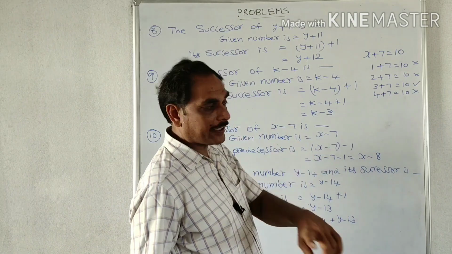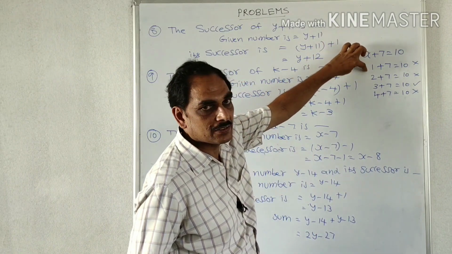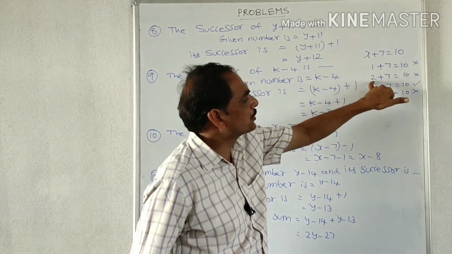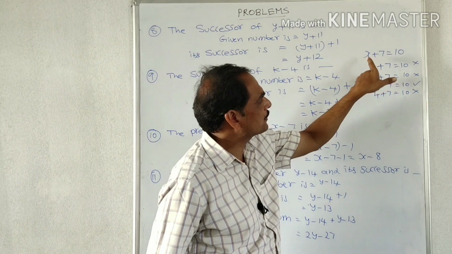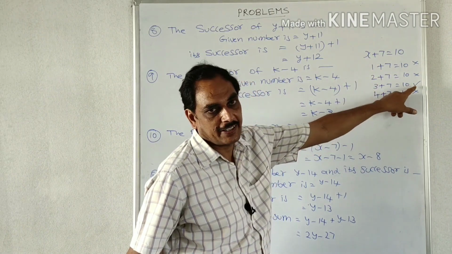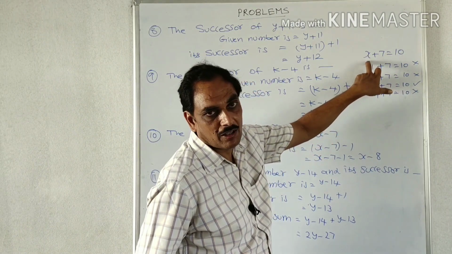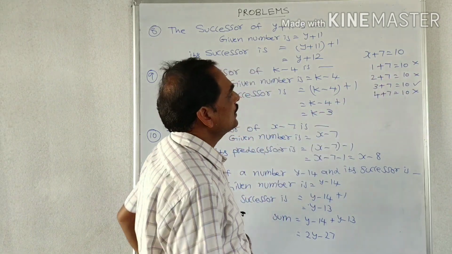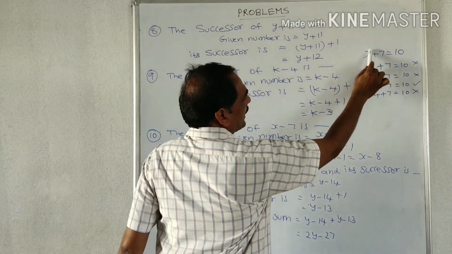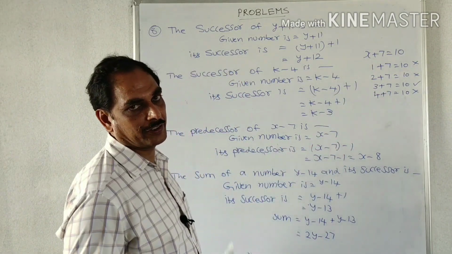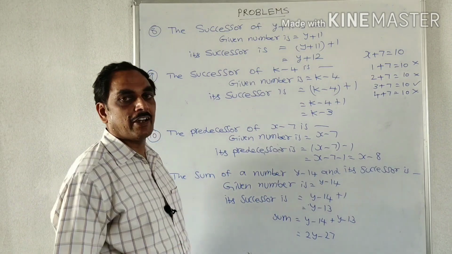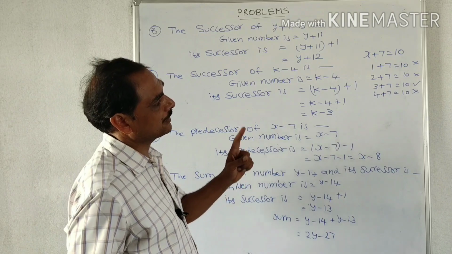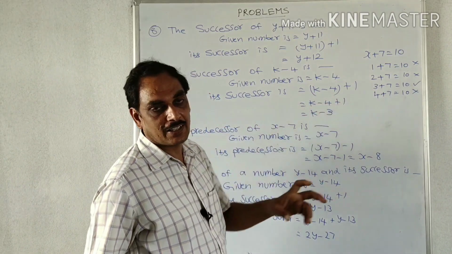When we substitute 1 in the place of x, we get a wrong statement. If we substitute x equal to 2, this is also wrong. If we substitute x equal to 3, it is right. So the solution for x plus 7 equal to 10 is 3. We can take any value in the place of a variable, and x equal to 3 is the right answer.